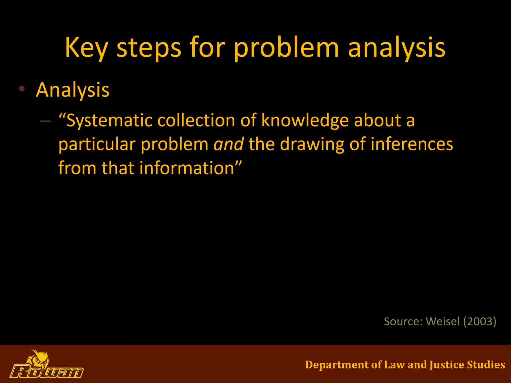When we did hypothesis testing last week, we were doing just this, this type of analysis. So one way we can analyze crime is to follow that hypothesis testing framework that we went through last week.